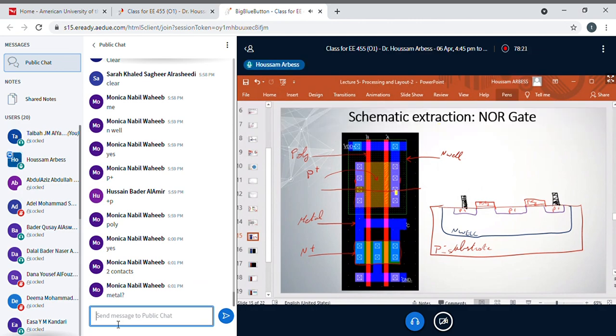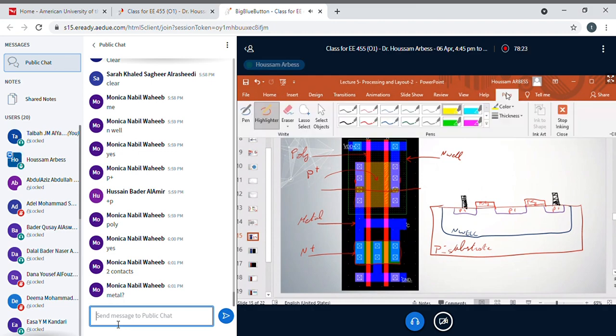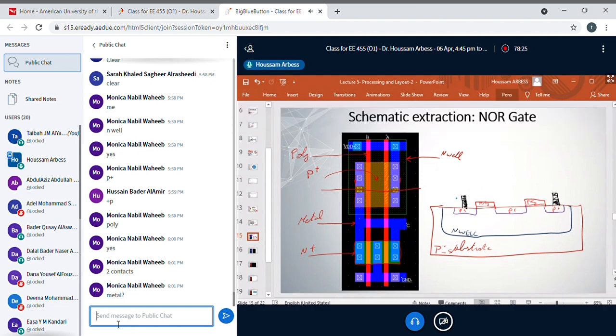I have metal here and metal here, right? Around the contact. I mean here I have a metal and also here I have a metal. Done. That's it. So here and here I have metal.